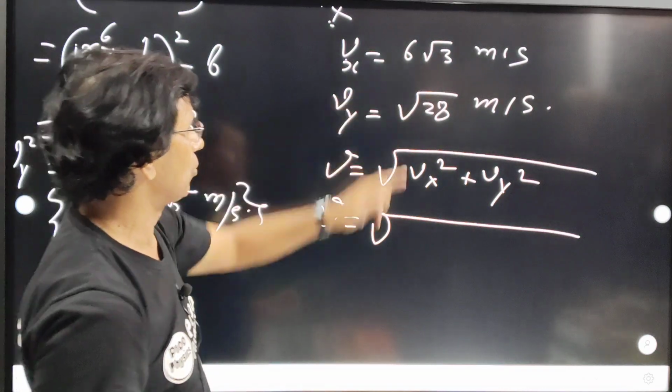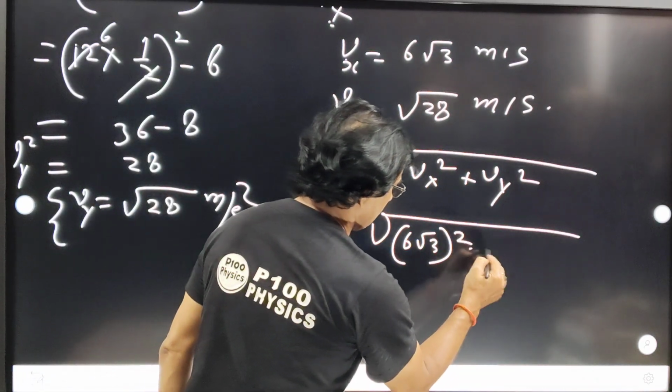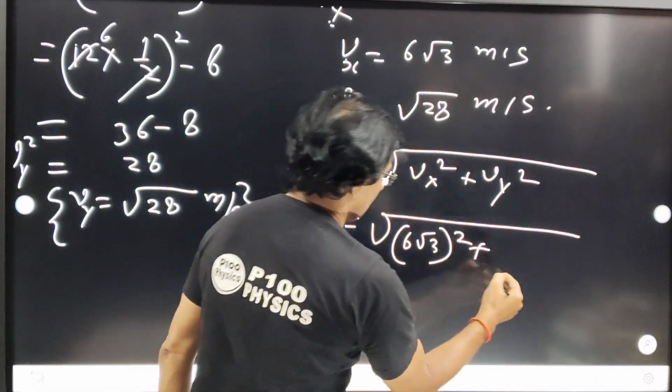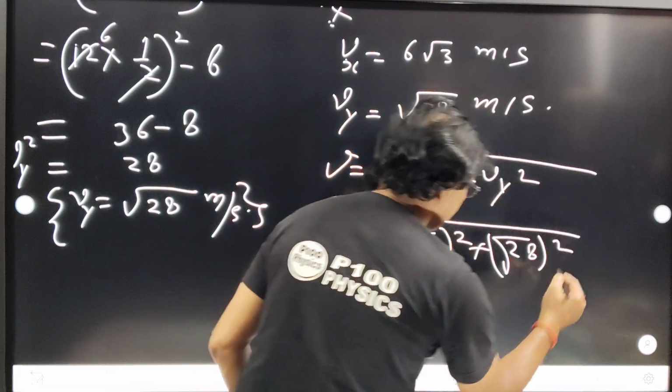Vx squared, Vx is 6 root 3, so (6 root 3) whole squared, plus Vy squared, where Vy is root 28, so (root 28) whole squared.